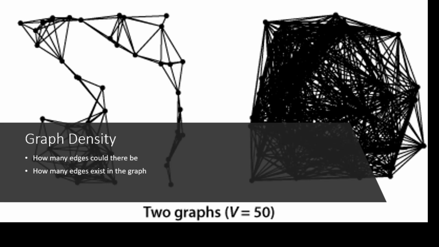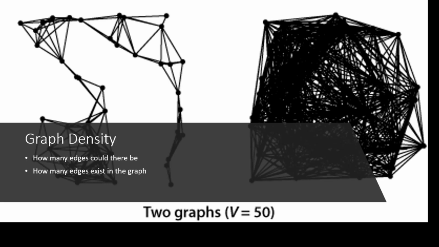A graph's density is a relationship between how many possible edges there could be and how many edges are actually filled. So if you have theoretically a single edge between any two vertices, if you have two vertices, you typically have one edge. If you have three vertices, then you could have three edges in between there. Again, if you don't duplicate any.